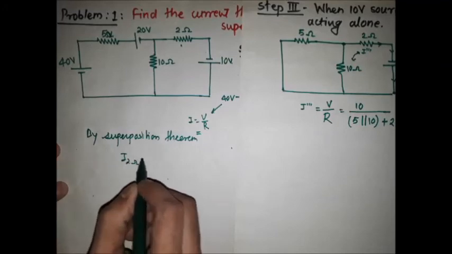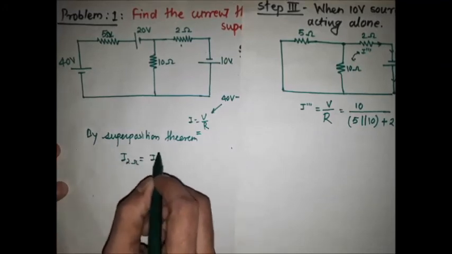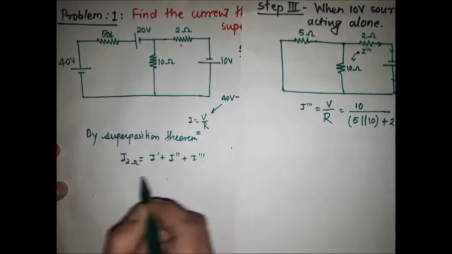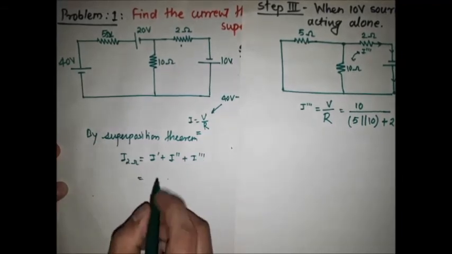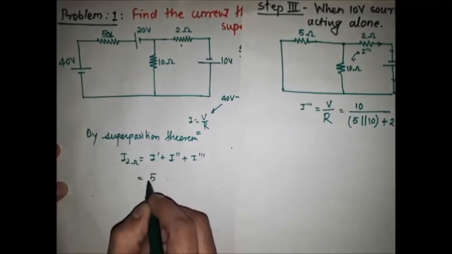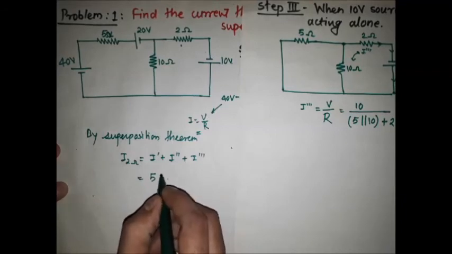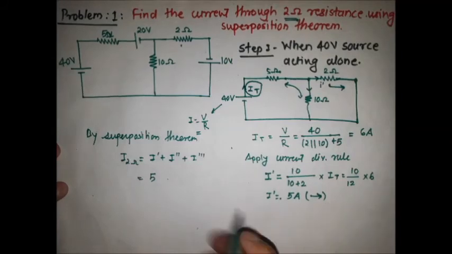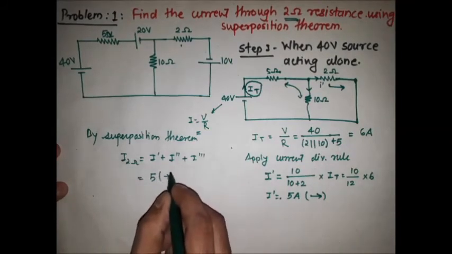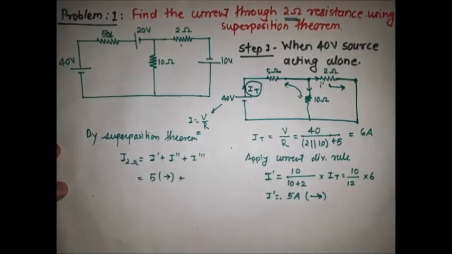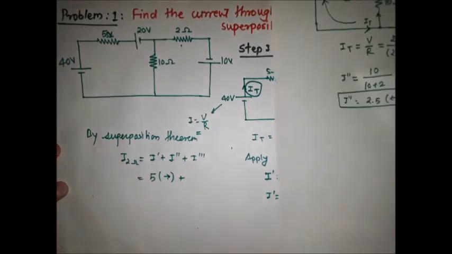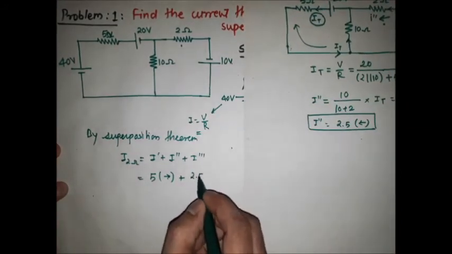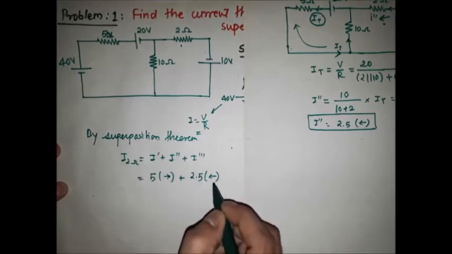I dash, which you have got, is 5 ampere, and its direction is to the right hand side, plus I double dash, which you have got, is 2.5, in direction to the left hand side.